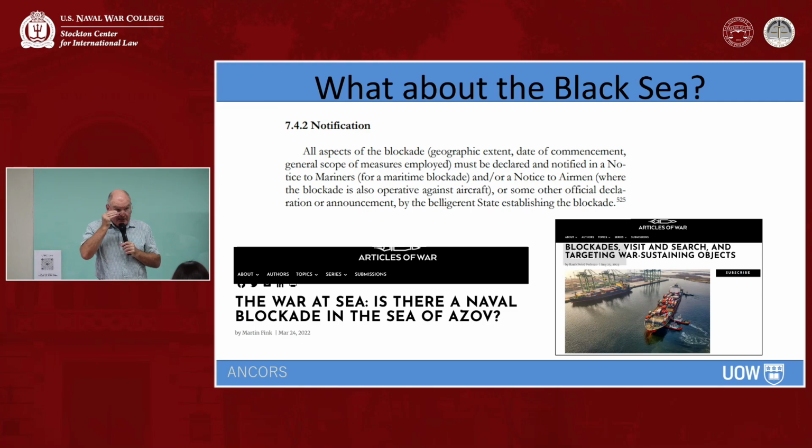It's certainly not a place that marine traffic is where it once was, that's for sure. But the accepted criteria for blockade don't seem to have been applied in the war between Russia and Ukraine.